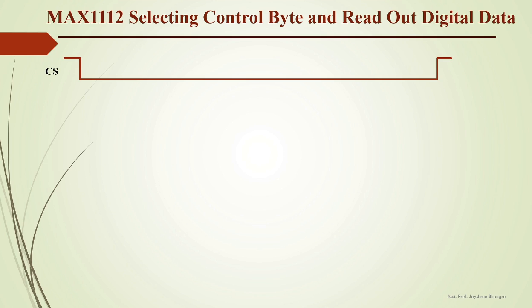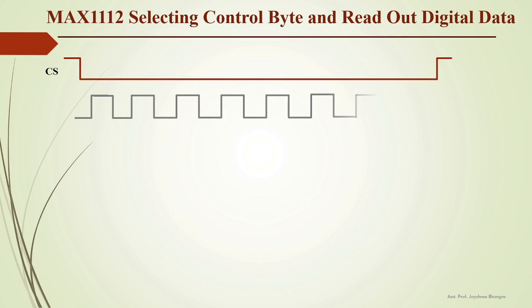If the chip is activated, we can send the control byte to it. So the chip is selected or activated by making the CS pin equal to 0. After that, as the control byte is sent serially, we require a clock. So here the serial clock sends the control byte one bit at a time to the ADC chip.